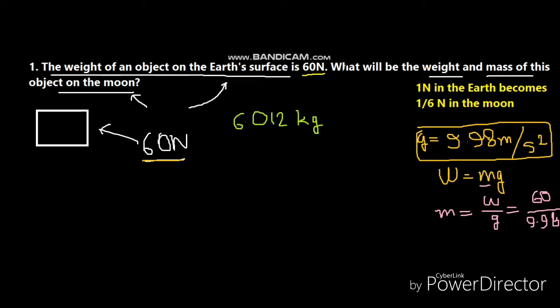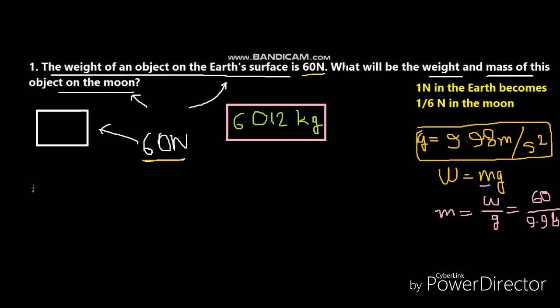So this is the mass of this object on the earth, and you know that the mass doesn't change with place and time. So as this is the mass of this object on the earth's surface, this will also be the mass of this object on the moon. So we have found the mass of this object on the moon, and that's one of our answers.